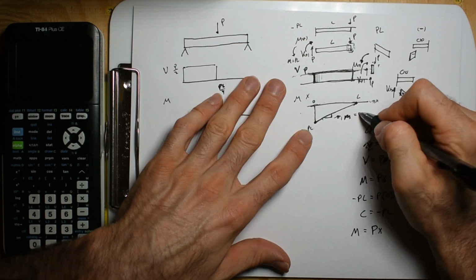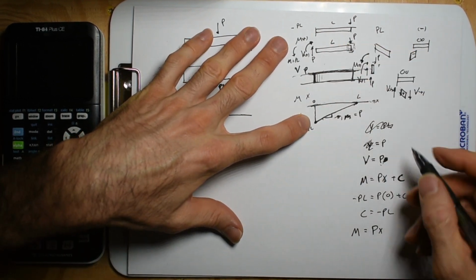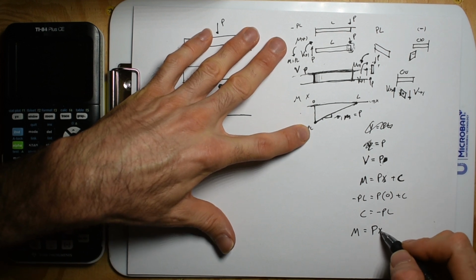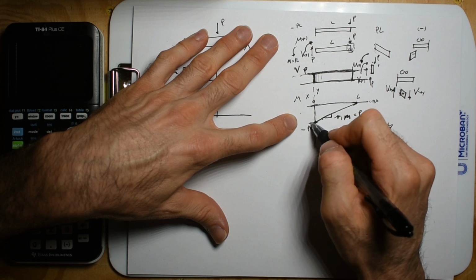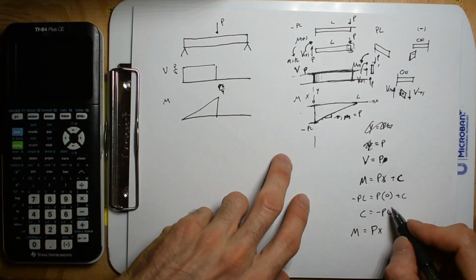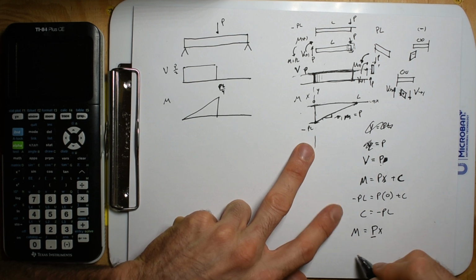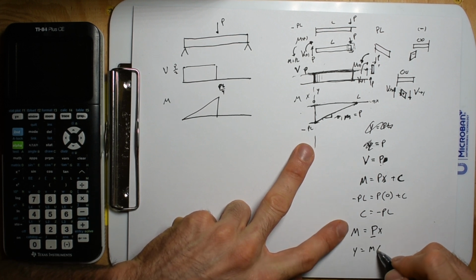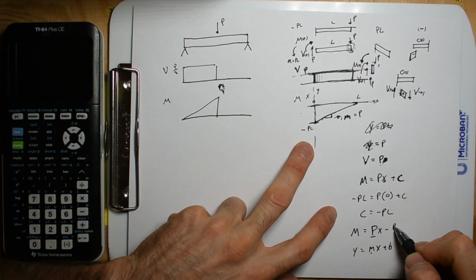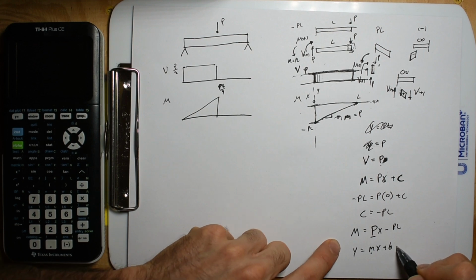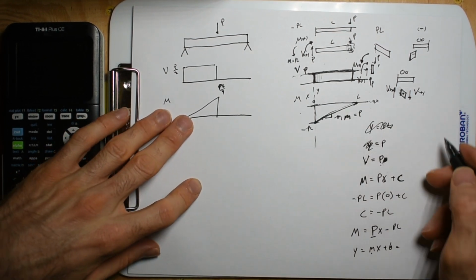So heck yeah, you have a slope of P, and you always have a slope of P. And where it crosses the y-axis, it crosses at negative PL. The equation of a line is y is equal to mx plus b, so P is the slope, and b of negative PL is where it crosses the y-axis. Heck yeah. So now we have an equation for moment.